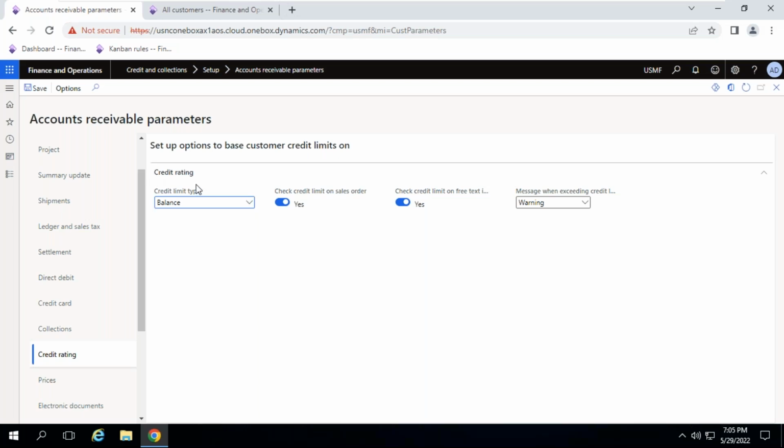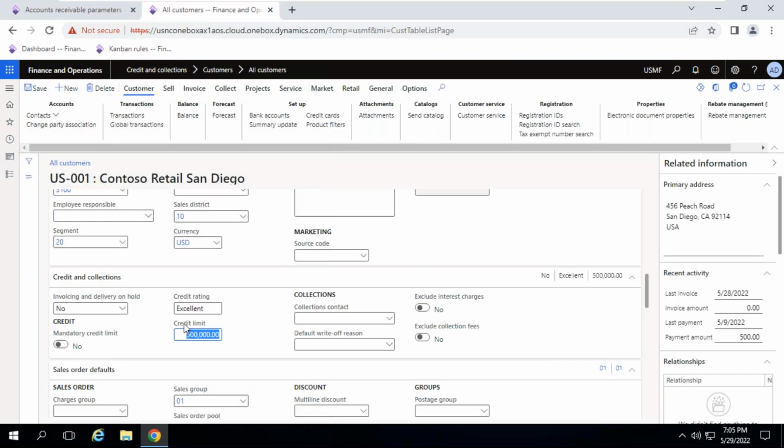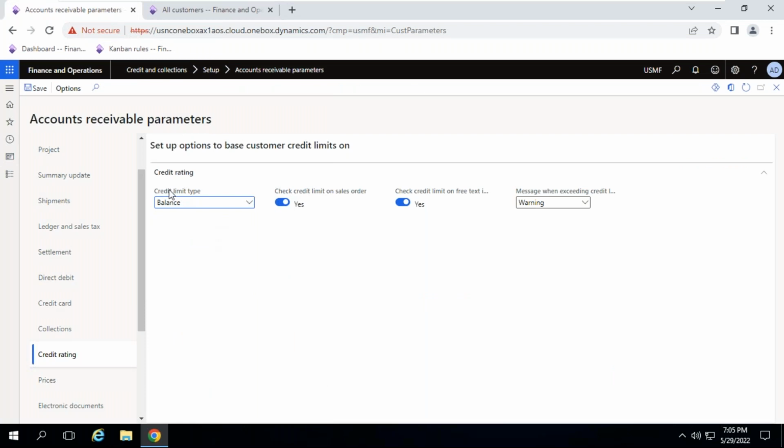If the limit is 5 lakhs, it will validate only open invoices. If you select balance plus packing slip, it means sales order invoices already pending, plus material I have already dispatched but not invoiced. Those also will be considered.